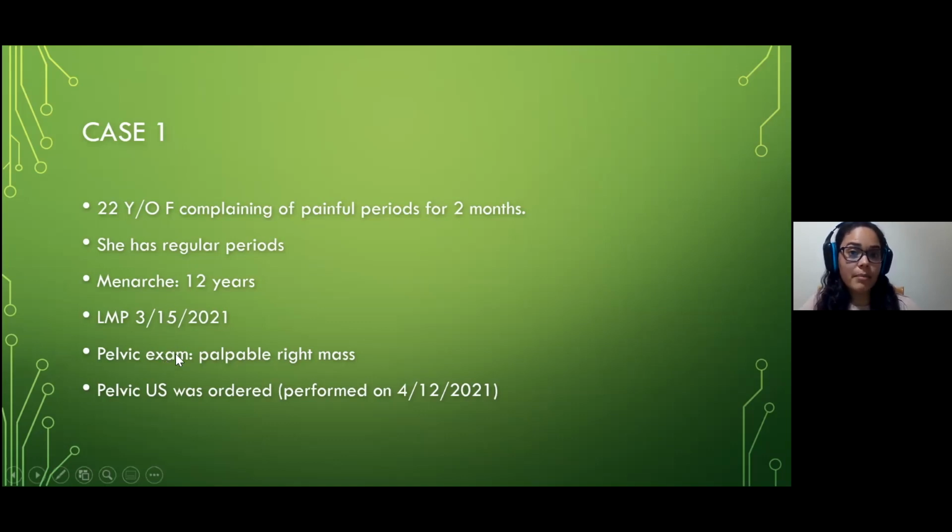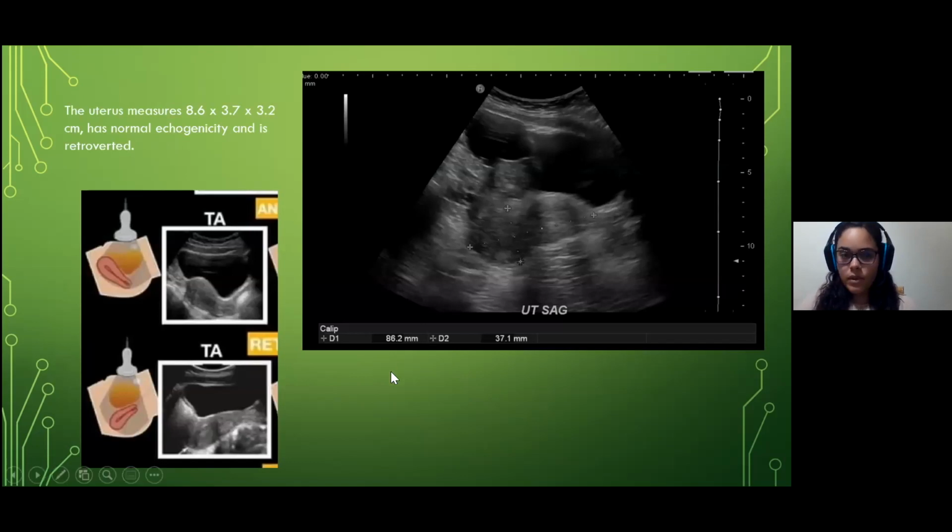I did a pelvic examination and felt something on her right adnexa, a right mass. It was solid. Then a pelvic ultrasound was ordered by her OBGYN, and we performed it at the imaging center on April 12th. These are the findings.